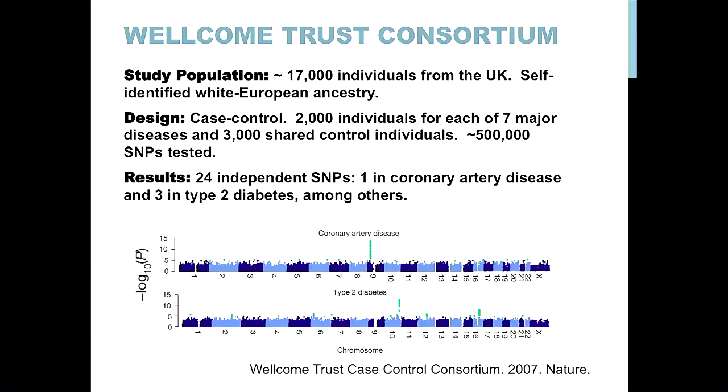When I took this course, one of the variants identified in type 2 diabetes was FTO, the fat mass and obesity related gene. So this was one of the earlier identifications of that gene and its relation to obesity and obesity outcomes.